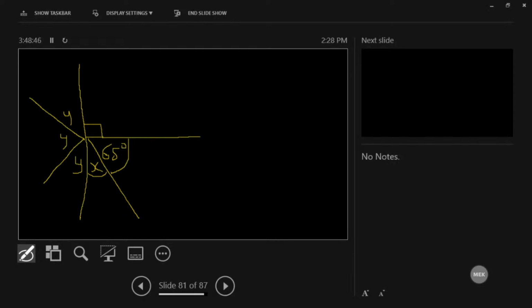What else? Okay, so the box represents 90 degrees. Najaro says add the 90 and the 65.